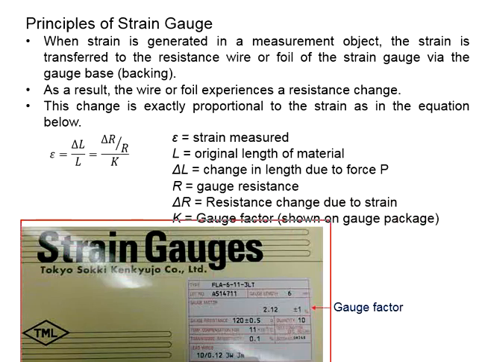Taking this as an example, the specifications are given here. The gauge factor is given here. This will be the factor that you use to key into the data logger in order to display the strength.